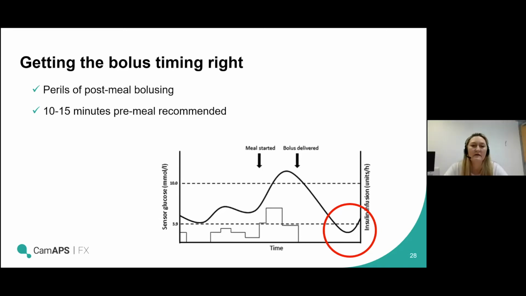Yeah, I think we have been, and certainly initially when we were recommending people, second trimester earlier again, and third trimester even earlier, sort of up to 40-45 minutes before, we were seeing these dips pre-meal, which then meant that when the glucose was starting to rise, the system had actually been backing off for quite a long time before, and that then seemed to make the high higher.